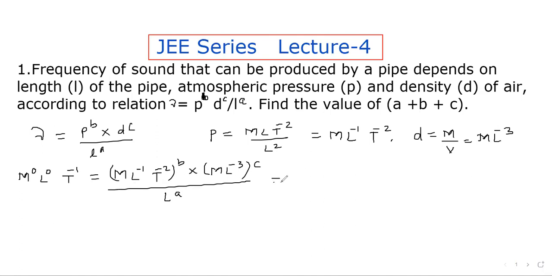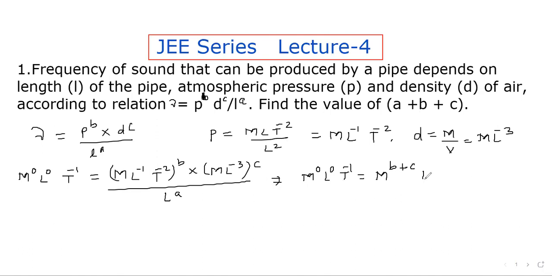We simplify it. So M^0 L^0 T^-1 equal to... From here, M^B, and from this, M^C. So we write M^(B+C).